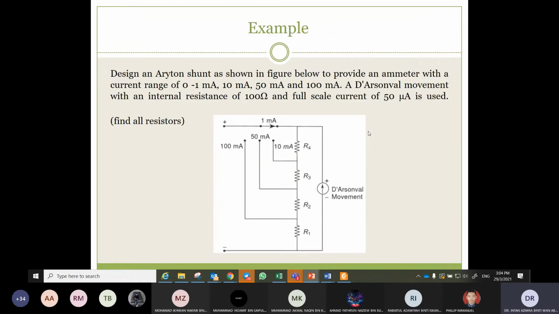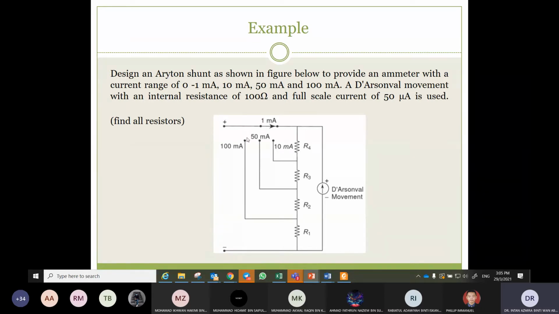This is the question: design an Ayrton shunt as shown in the figure below to provide an ammeter with current ranges of 1 milli, 10 milli, 50 milli, and 100 milli. So this ammeter has 4 current ranges. We can select 1, 10, 50, and 100 milliamps depending on our measurement. The meter movement has an internal resistance of 100 ohm, this is Rm, and a full scale current of 50 micro, this is Im.